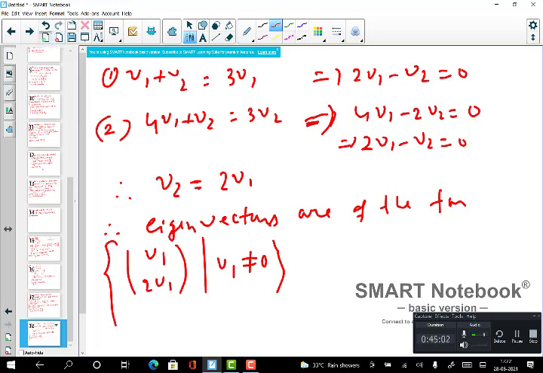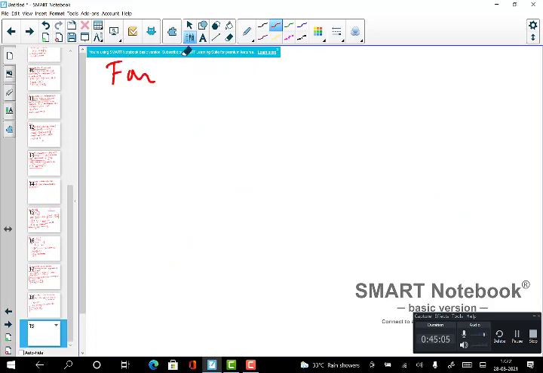For -1, what happened? Say c equal to -1 was another eigenvalue. You can do the same thing.